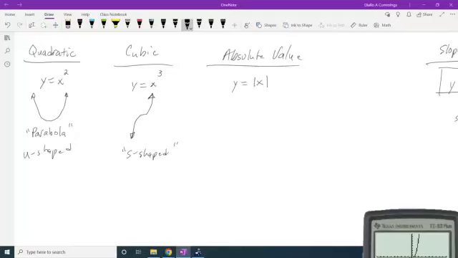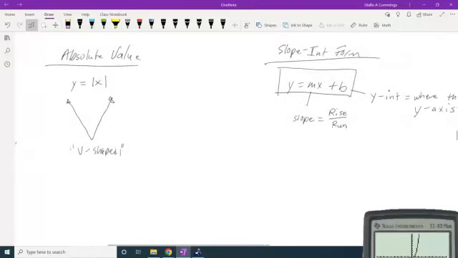When you graph an absolute value function, it produces a V-shaped graph. Right, so y is equal to absolute value of x produces a V-shaped graph.